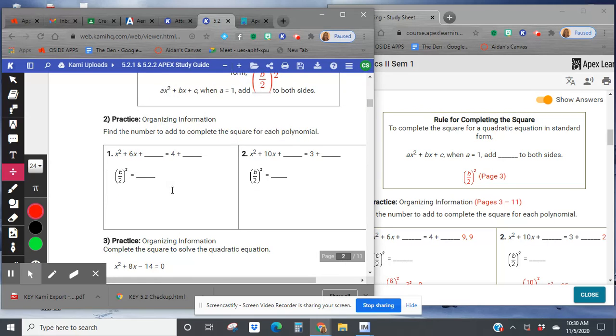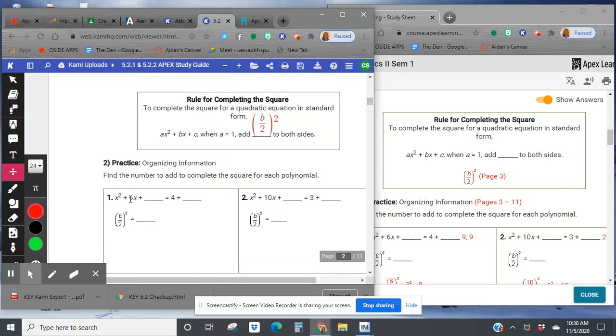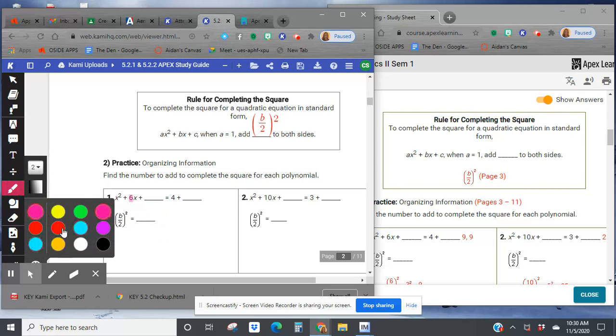Notice it's already ready here. So what is my b? My b is right here in the middle, meaning the middle term of ax squared plus bx plus c. So the b is 6. So we're going to do 6 divided by 2, and we're going to square it.